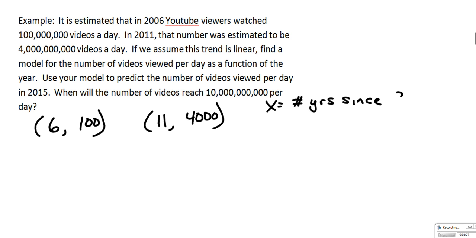So here, our variable x is the number of years since the year 2000, and our y value, or f of x, is the millions of videos watched per day. So using these scaled back numbers, we can find the equation of our line.